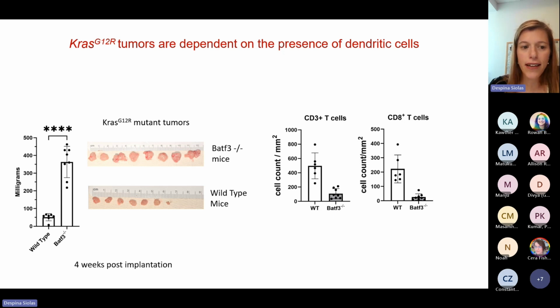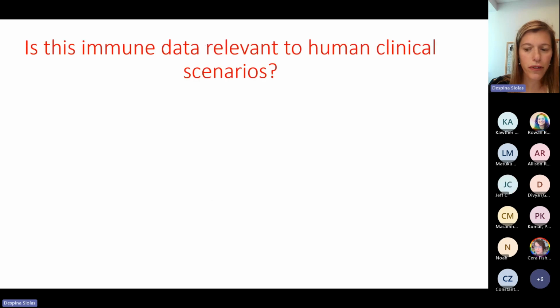And if you look inside those G12R dendritic cell deficient tumors, what you find is that all the T cells go away. The CD3 cells and the CD8 cells, and we're still quantifying the CD4 cells. So this was also very interesting, again pointing to an immunogenic role for the G12R tumor.